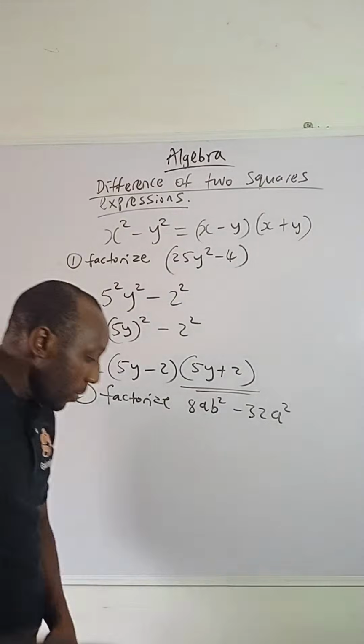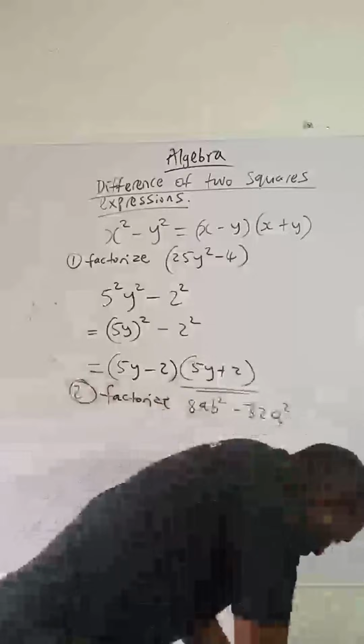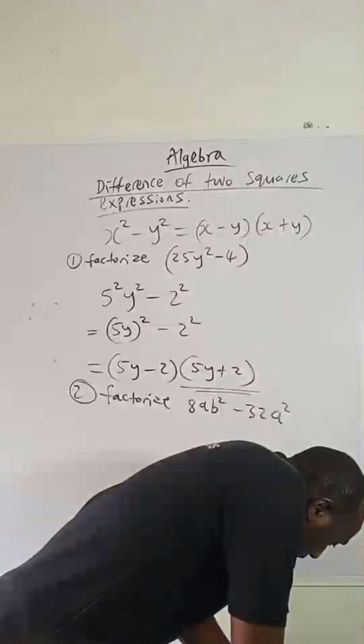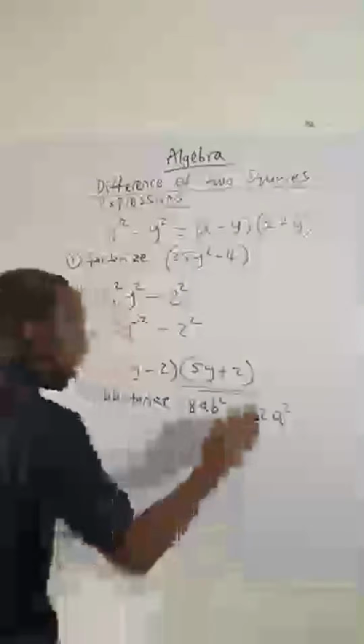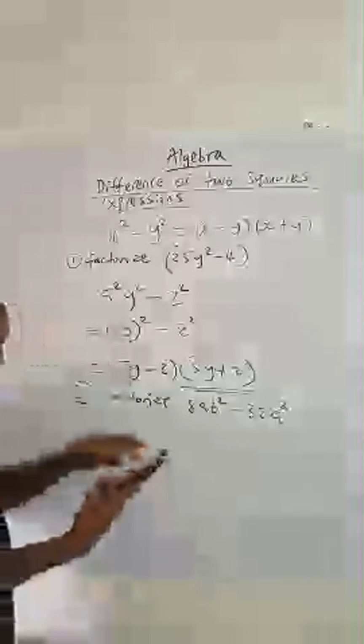Anybody? Oh, sorry. I knew that there was a mistake with this. It's actually a raised to the power of 3. So that's the question, people. How are you going to factorize this?